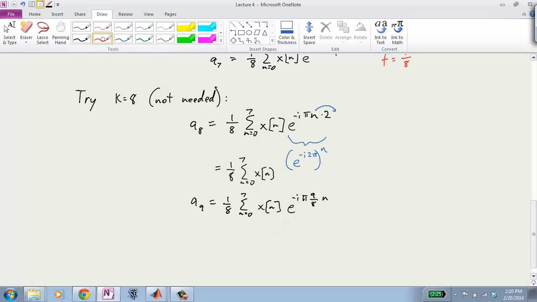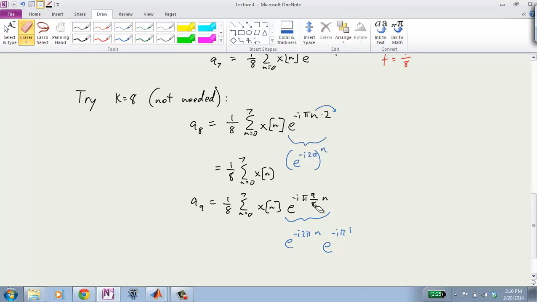Okay, so this here is just, let's use blue. This is e to the minus i 2 pi n times e to the minus i pi 1/8.